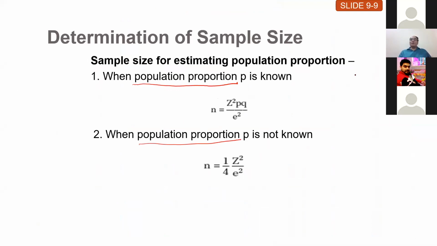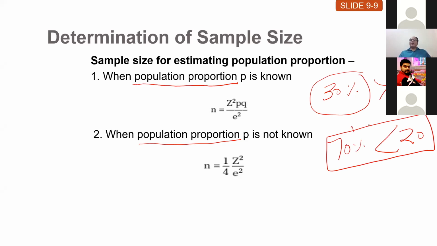For example, you know that 30% of the patients are having vitamin D less than 20. So here you know that in India, only 30% of the people are having vitamin D more than 20. 70% of the people have vitamin D less than 20. So when you know this kind of proportion, you can go for this method.